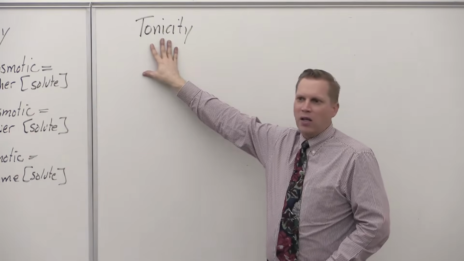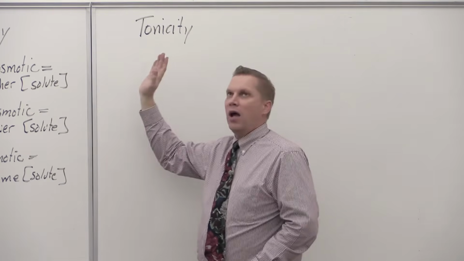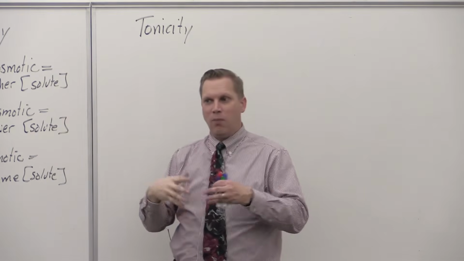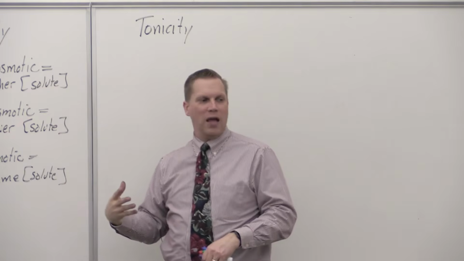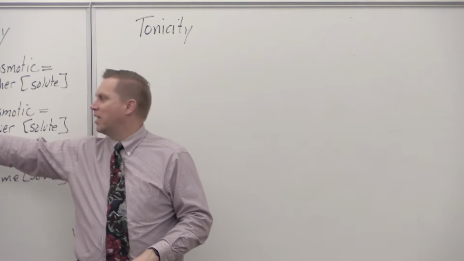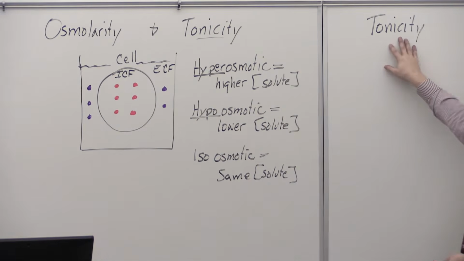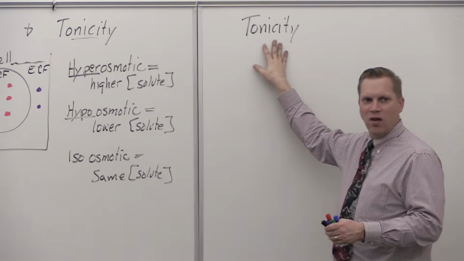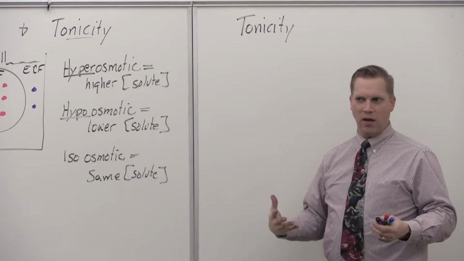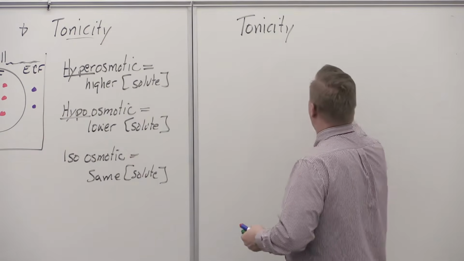And just like a ball, with a ball we might fill it up with air, but instead of filling it up with air, we're going to be filling it up with water. And so the tone of that cell is a function of how much water is in that cell.